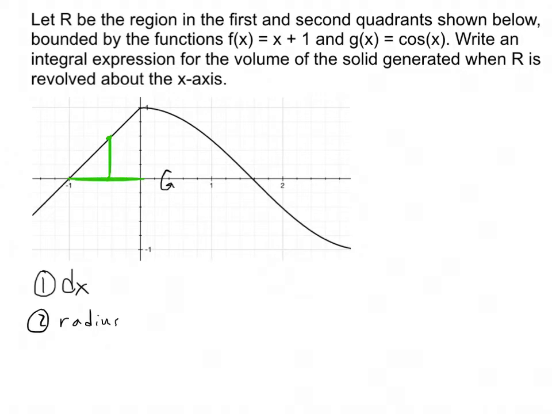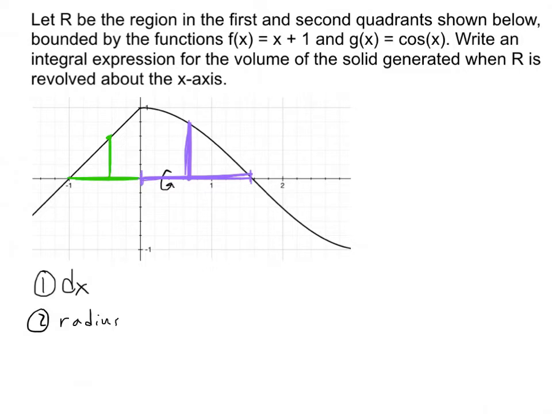Because that's the place where I'm using this function. Over here, I would have from the axis of revolution up to this function, and I'm going to use that between here and here. So the idea is, because there's a different function being used on top in different places, I'm going to need multiple integrals. I'm going to need multiple things set up, right?